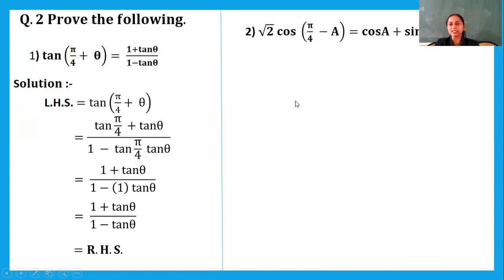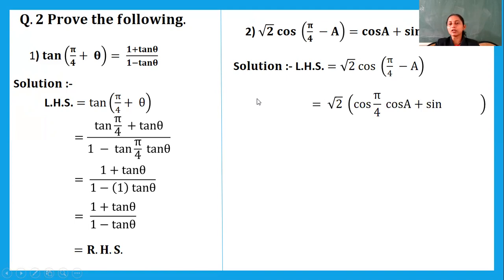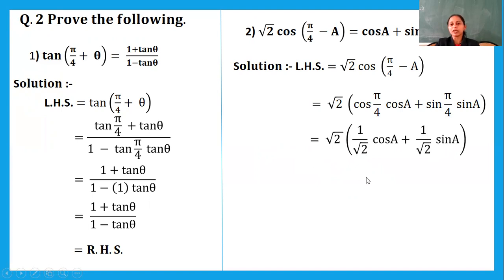Root 2 cos(pi/4 - A) is equal to cos A + sin A. Consider LHS. Root 2 cos(pi/4 - A). Now cos(pi/4 - A) is in terms of cos(x - y). So use this formula I have here. cos pi/4 into cos A + sin pi/4 into sin A. मध्ये इथं मायनस आलंय त्यामुळे इथं प्लस लिहिणार आहोत cos cos sin sin. cos pi by 4 ची व्हॅल्यू आहे 1/√2. sin pi by 4 ची व्हॅल्यू आहे 1/√2.